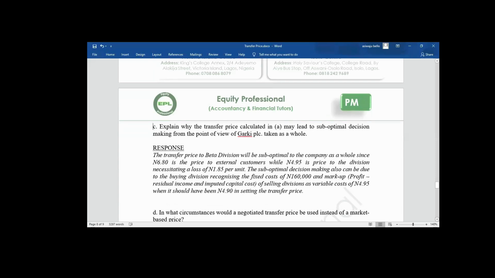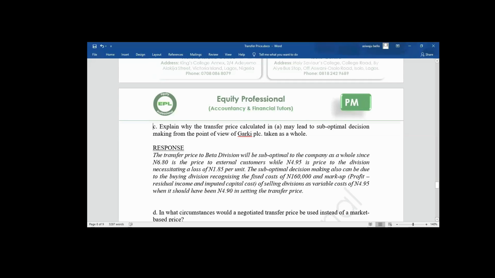You are now transferring at 4.95. How does it become a profit to the company? If Alpha Division manufactures a component and sells to Beta Division, how does the company make money from it?